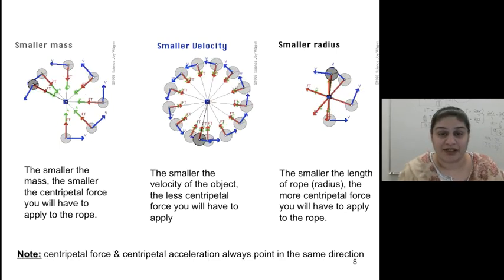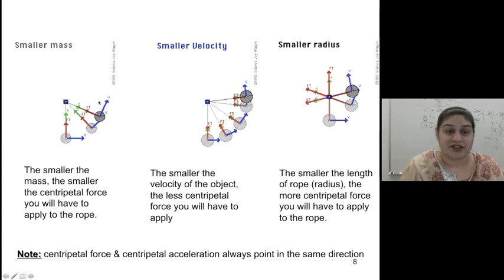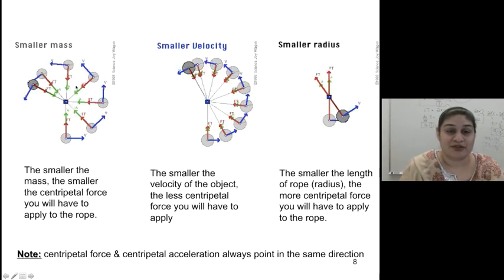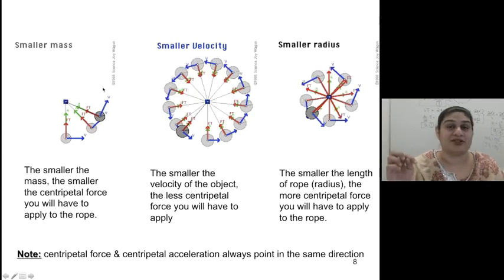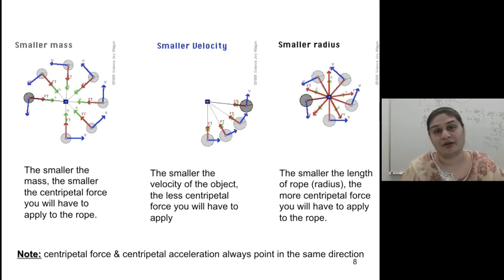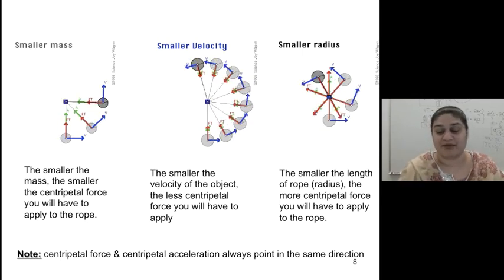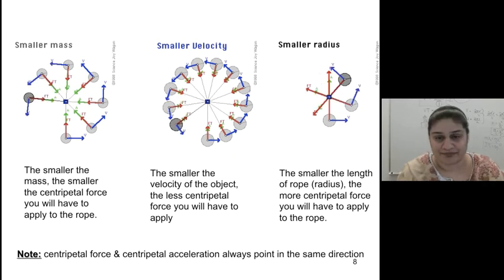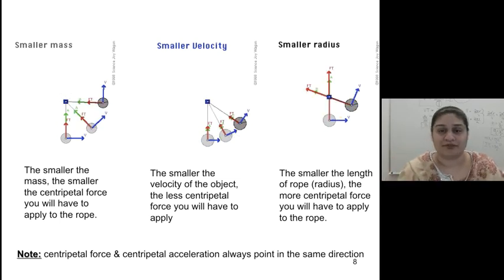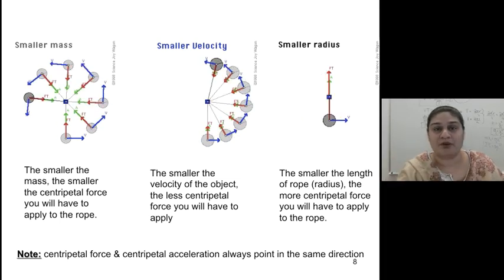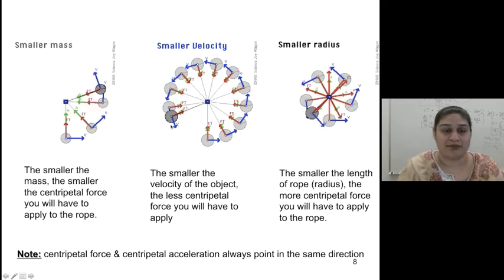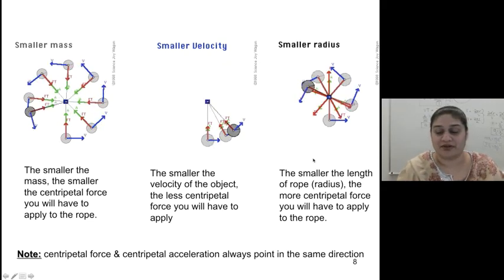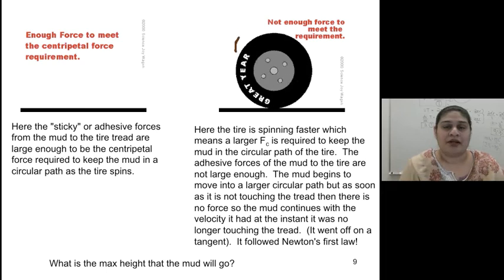Note also again here, centripetal acceleration and centripetal force are always going to point towards the center, and they are always going to point in the same direction while we're going in a circle. And note, the velocity vector, no matter which of the three I'm looking at, is always going to be pointing along the tangent.